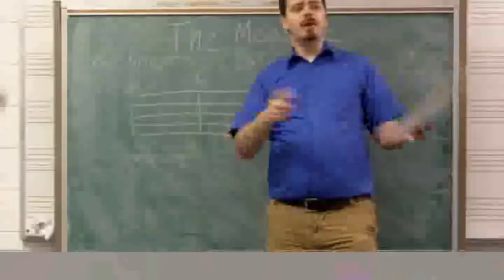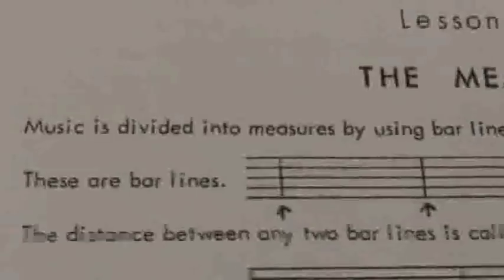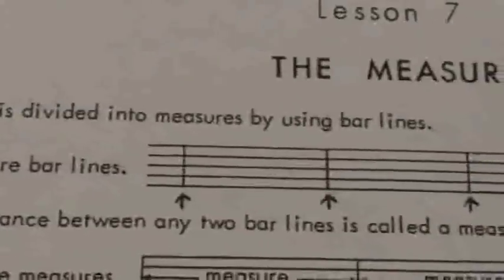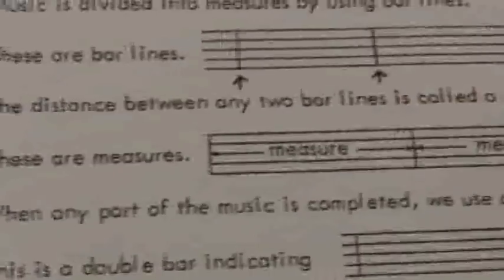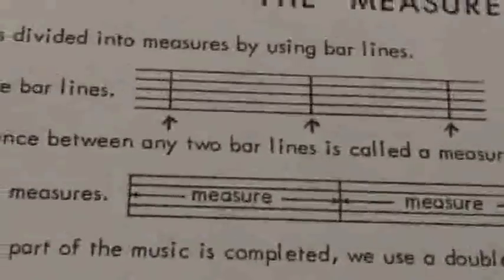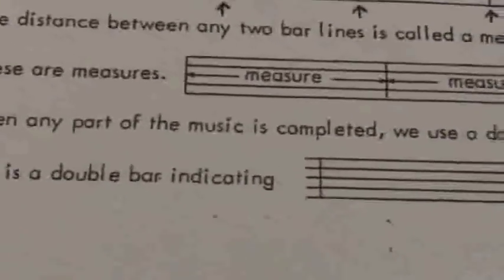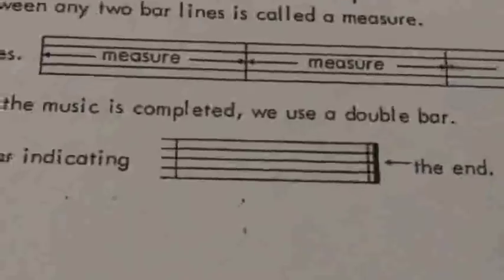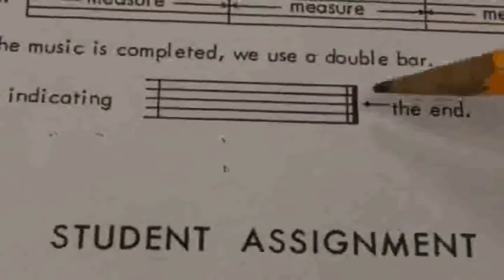And now we're just going to go ahead and work on the assignment. Lesson 7, the measure. Music is divided into measures by using bar lines. These are the bar lines. The distance between any 2 bar lines is called a measure. We talked about that a little bit ago. When any part of the music is completed, we use a double bar. This is a double bar indicating the end.